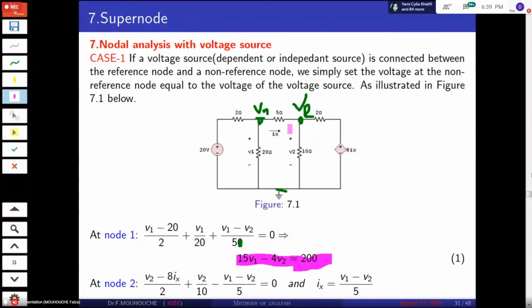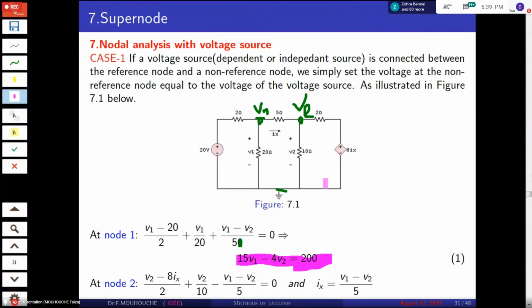Node 2, we have (V2 minus 8ix) over 2 plus V2 over 10 minus (V1 minus V2) over 5, equal to 0.